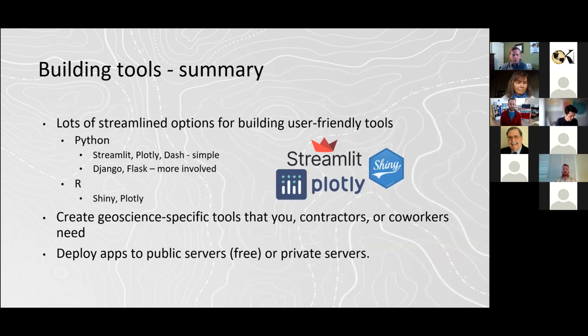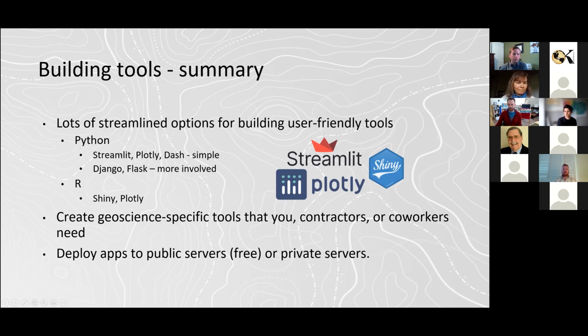So when we talk about building tools, there's a lot of streamlined options out there for making these tools. For Python, there's Streamlit, Plotly, and Dash, which are relatively simple. But then when you move into Django and Flask, these are the more involved general packages that are used for robust app creation. For R, we mainly have Shiny and Plotly.